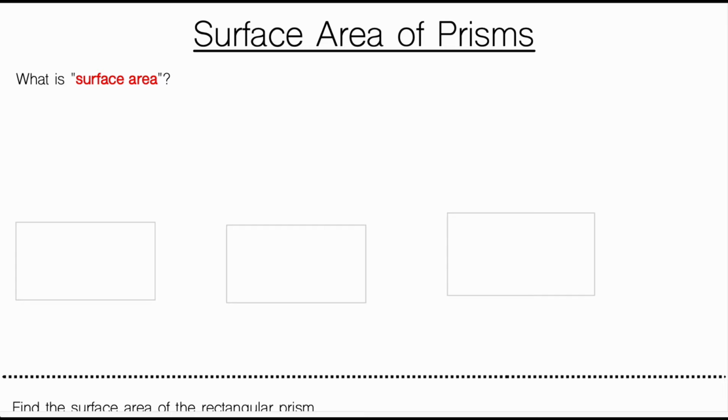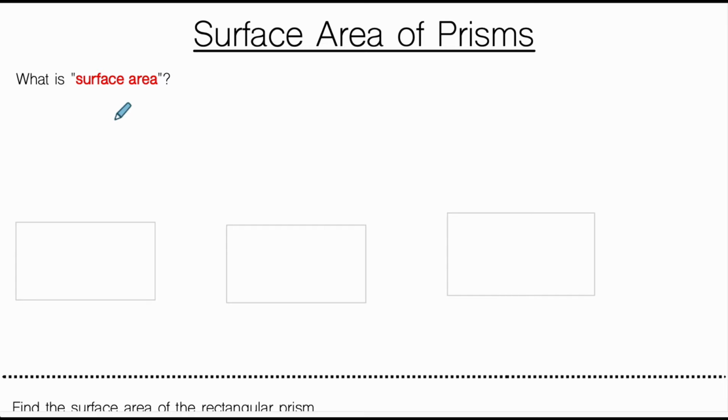Hopefully you remember what a prism is. A prism is a 3D figure that has two identical bases that are parallel from one another, and we're going to be finding the surface area of them. So the first question that you might be asking yourself, which we will go over, is what is surface area?